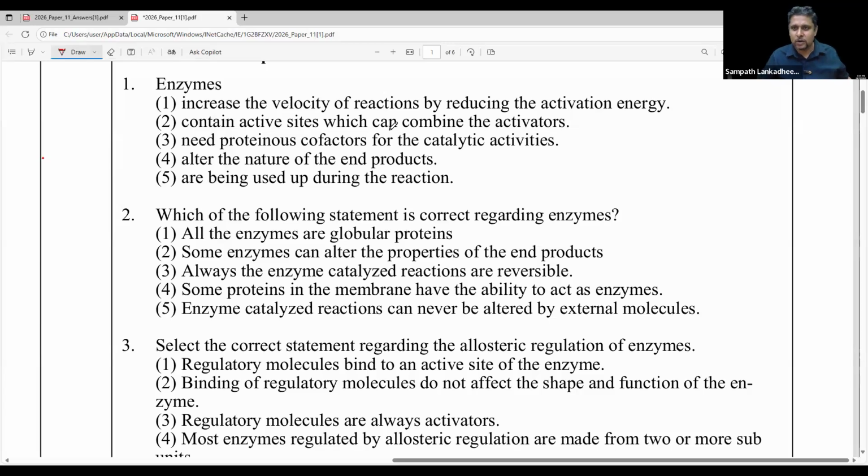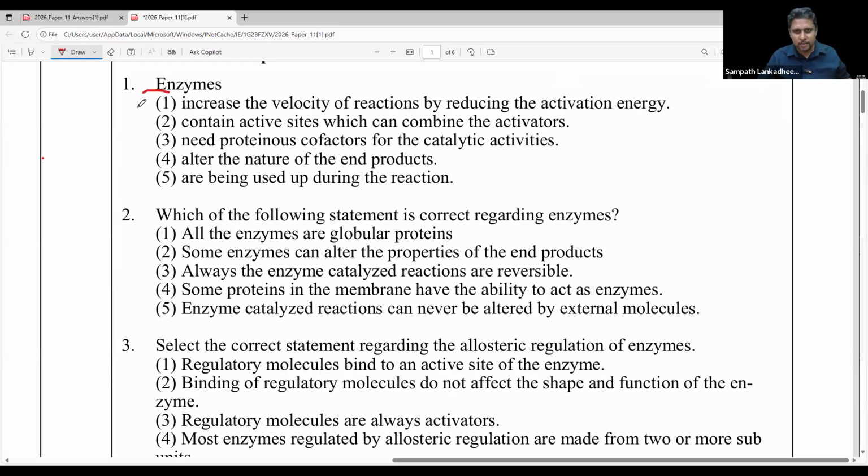Enzymes increase the velocity of reactions by reducing the activation energy. Correct? The first is okay.